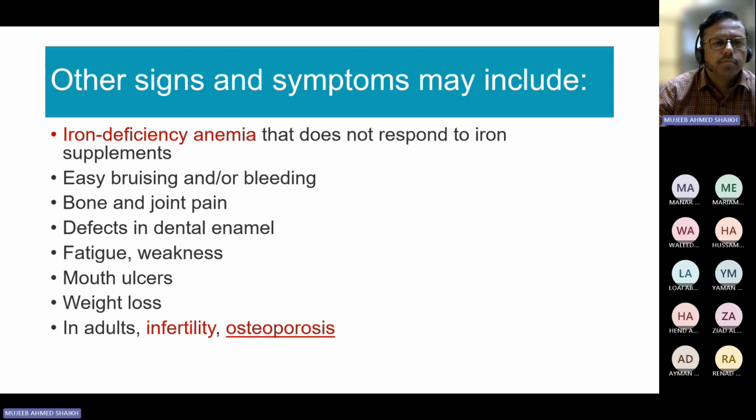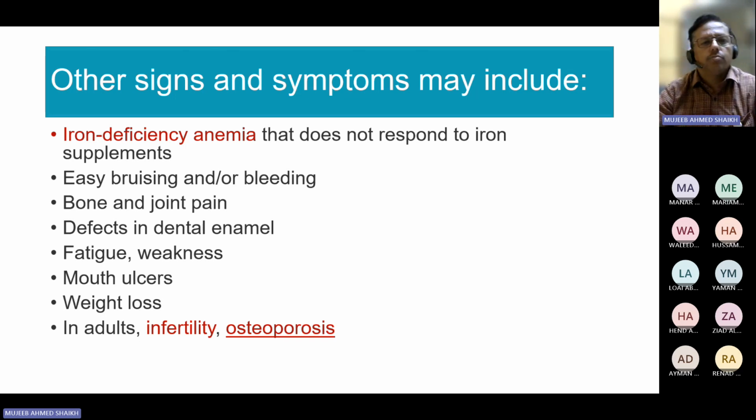Other signs and symptoms, because absorption is decreased: the person may suffer from anemia or deficiency of some other element. There may be easy bruisability or bleeding, bone and joint pain, defects in the dental enamel, fatigue, weakness, mouth ulcers because of decreased absorption of vitamins, and loss of weight.